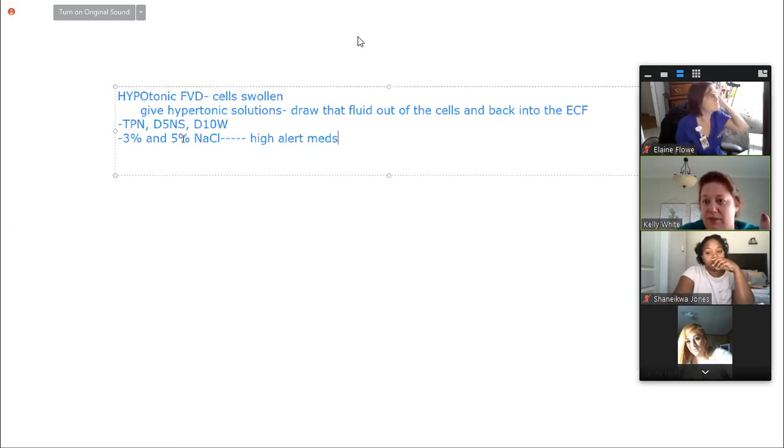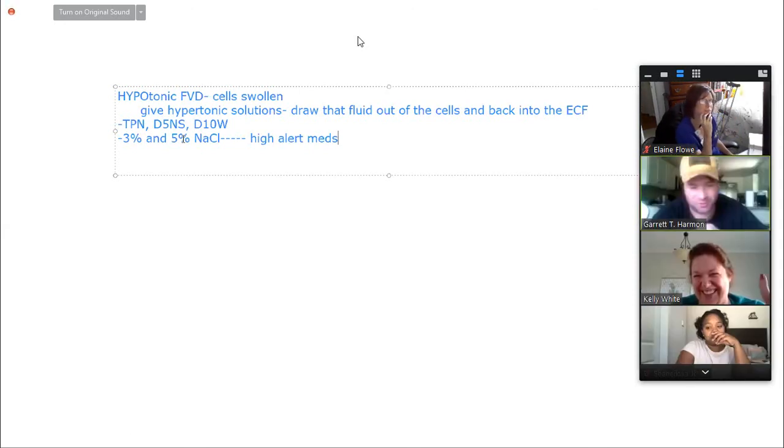They pulled too much fluid out of the cells. So your cells shrink. You've got too much salt, so those cells are going to end up getting dehydrated again, and it's going to suck all that fluid that was in that cell back out.